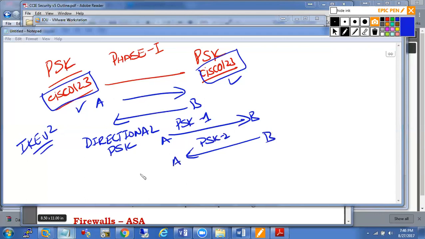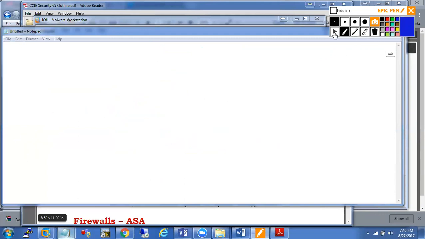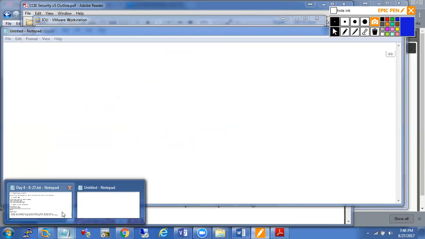So I can have a separate key encrypting data, which is the information session key, from A to B, and a different key from B to A. I don't have to use it, but I have the capability of doing it. So if you want to use it like the common key that you had, you do have the ability to do that, or you can do this.